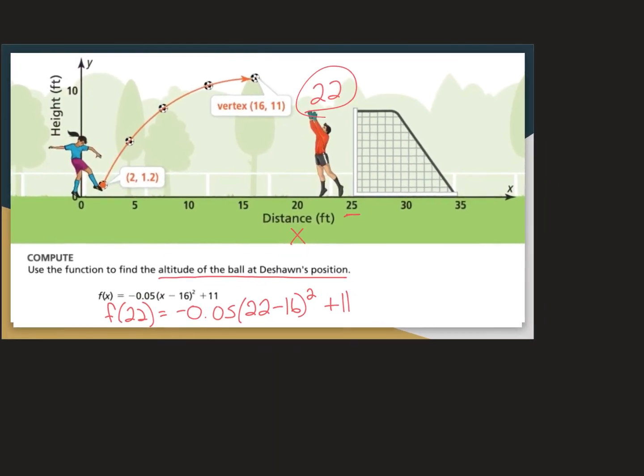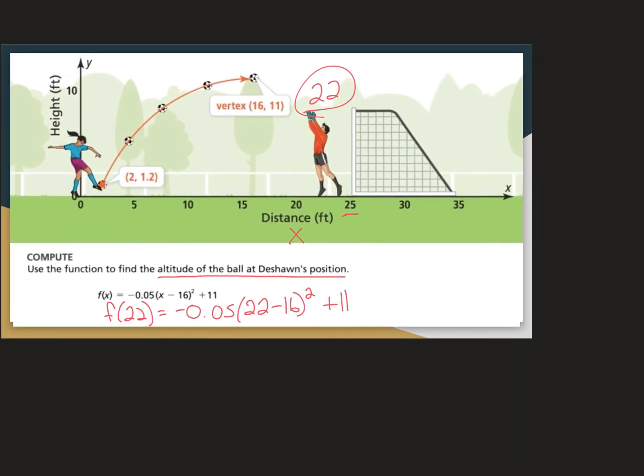Sorry, make this a little smaller again. So f of 22 equals negative 0.05 times 22 minus 16 is 6 squared plus 11. So I have f of 22 equals negative 0.05 times 36 plus 11.